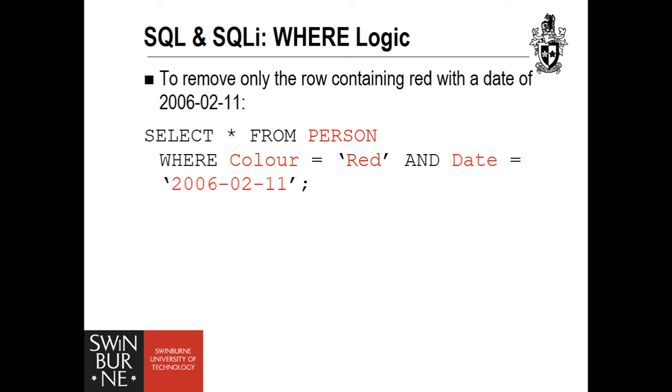So here we can see it combines where and AND. That means the data should match the condition color equal to red and date equal to 11 November 2006 and not 11 February 2006.